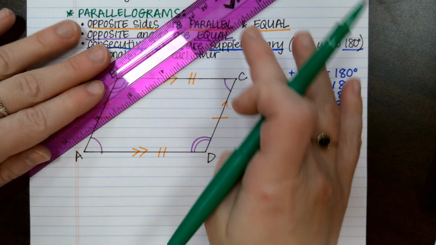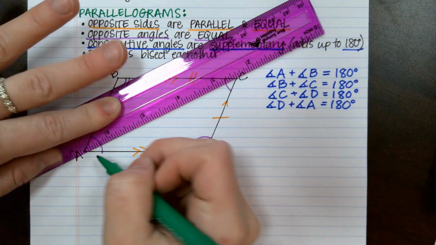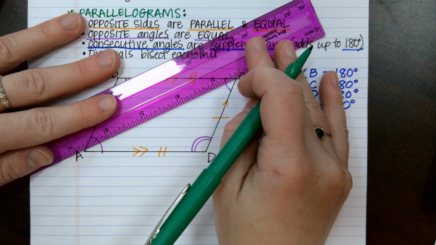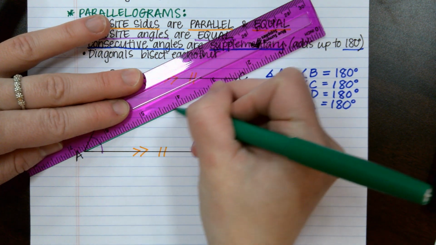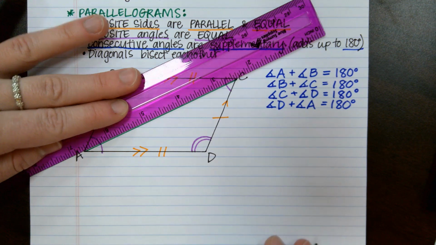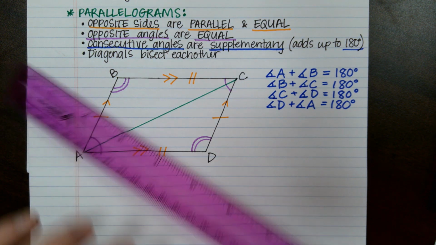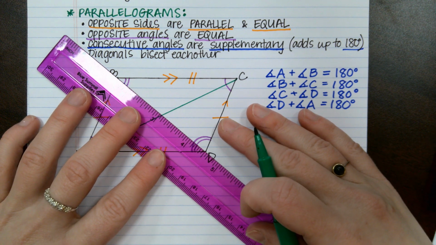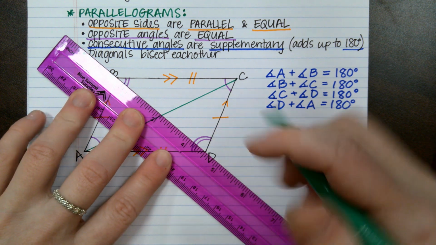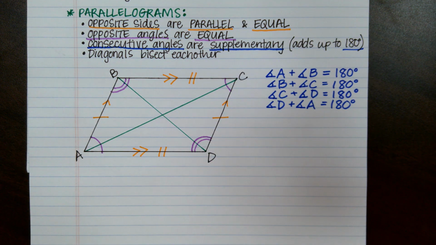So I could draw a diagonal going through A and C. Here's the diagonal. The other diagonal goes through the other opposite angles, like that.